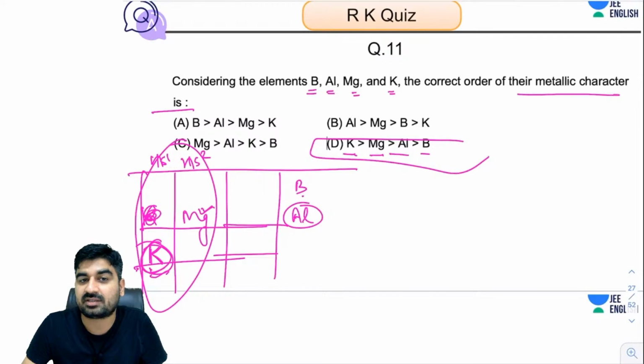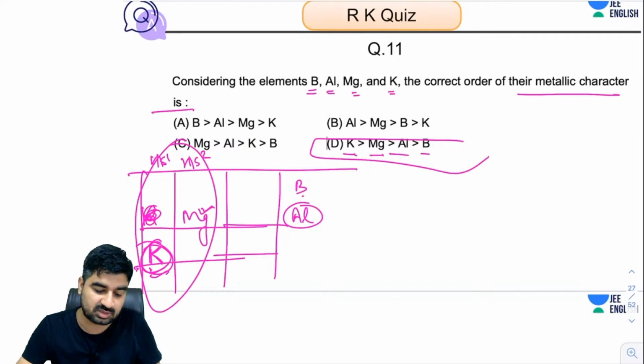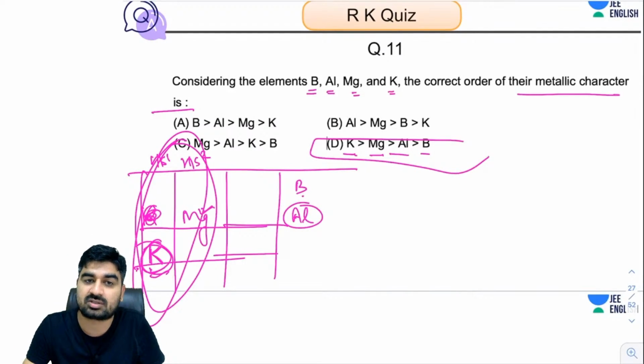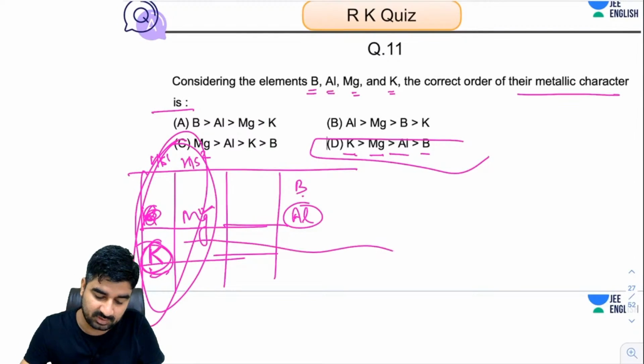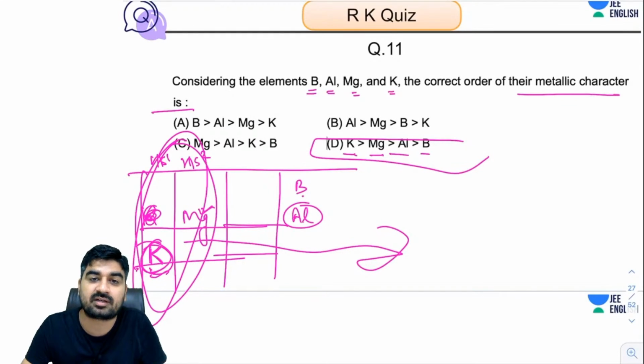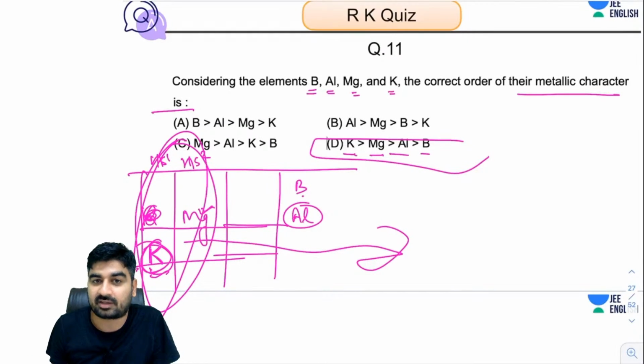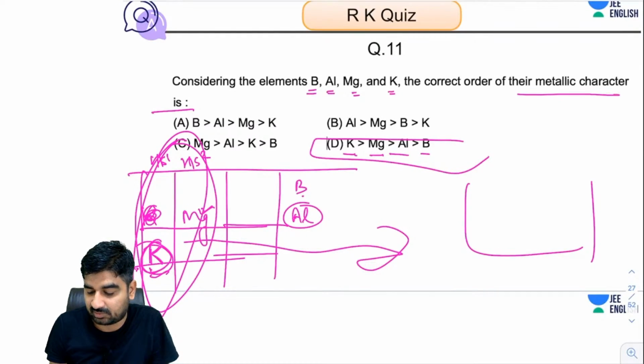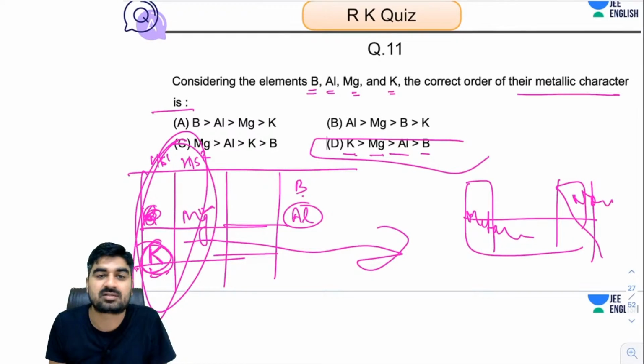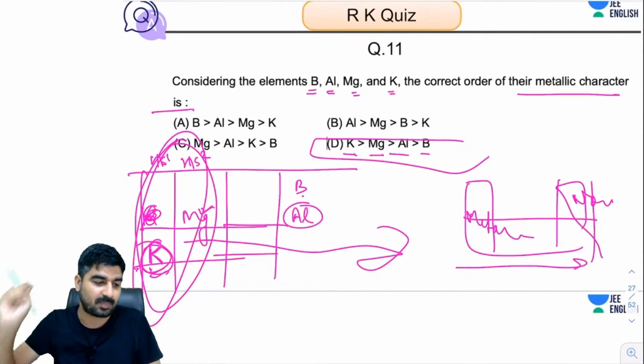Metallic character represents the tendency to lose electrons. So generally the S block has the maximum tendency to lose electrons, so they are most metallic. And then from here to here, metallic character decreases and non-metallic character increases. Even in the periodic table, I told you, here we have metals and here we have non-metals. So when we are moving left to right, metallic character is decreasing.